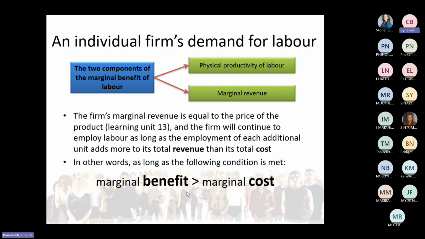So the firm's marginal revenue is equal to the price of the product, price P, and the firm will continue to employ labor as long as the employment of each additional unit adds more to its total revenue than its total cost. So the following condition must be met: marginal benefit must exceed marginal cost.